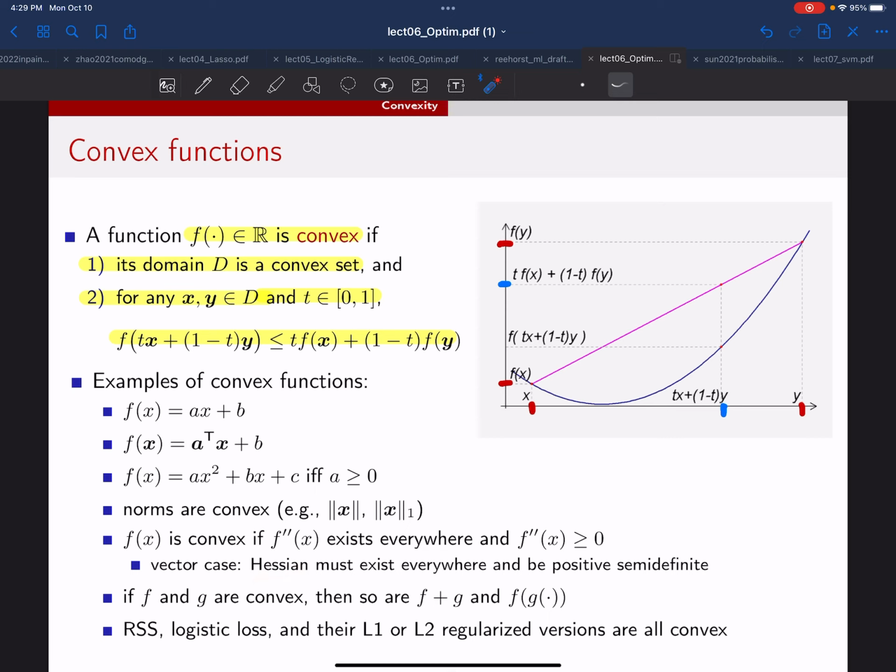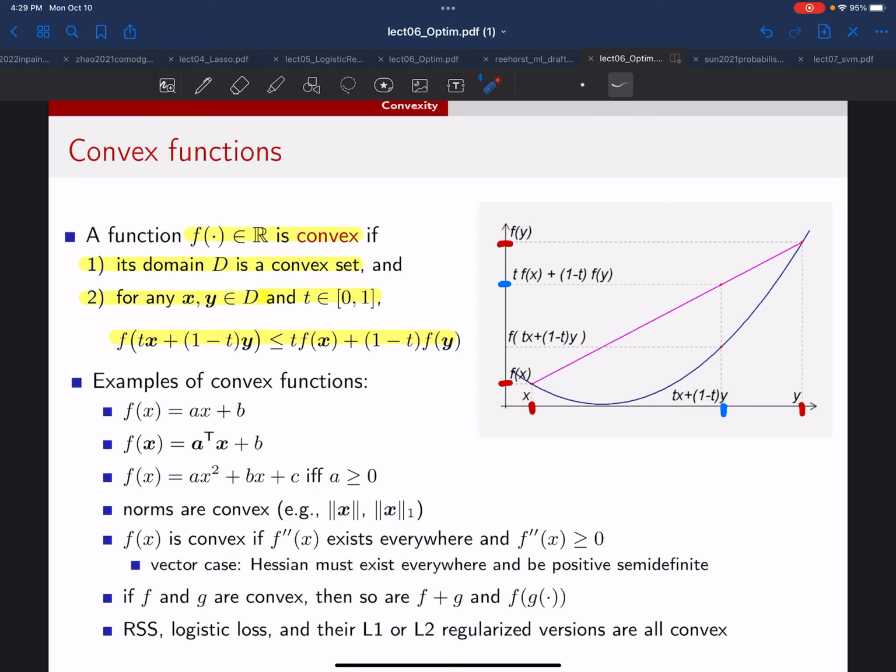Also, we can use these as building blocks. If you have two convex functions, then their sum is convex. One example of that is when we first saw lasso and ridge, we had RSS. Remember, RSS starts with an addition inside a norm, and we saw that was quadratic from early in the semester.